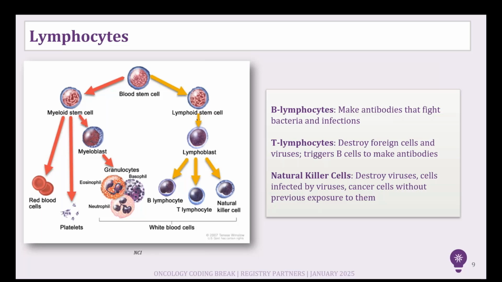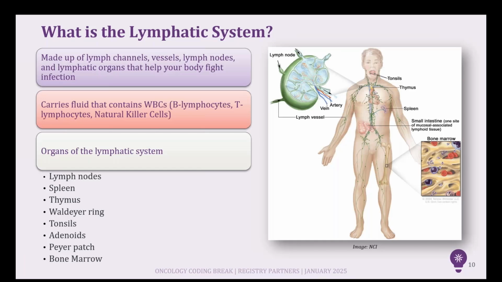So the lymphatic system is composed of several interconnected components, including lymph channels, vessels, lymph nodes, and various lymphatic organs that all work together. The lymphatic system carries a fluid called lymph, which contains the lymphocytes that we just discussed. And there are also several key organs that make up the lymphatic system. And we don't always think of some of these as being organs, so let's review them real quick.